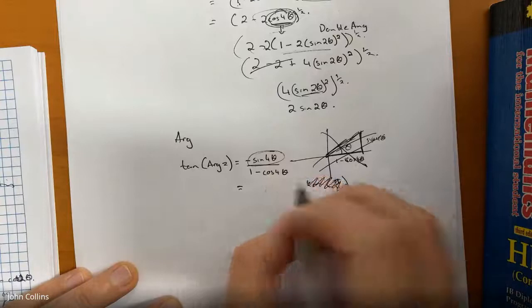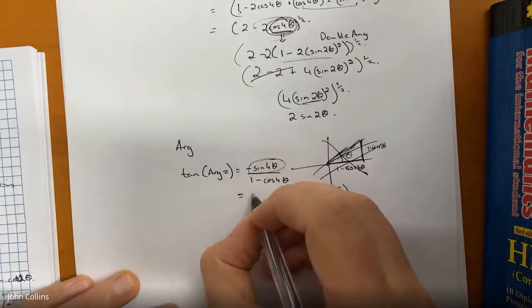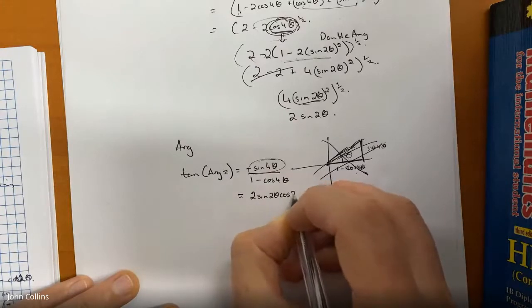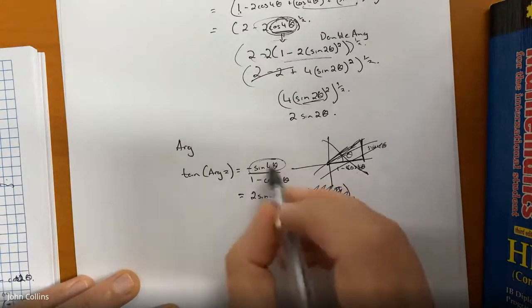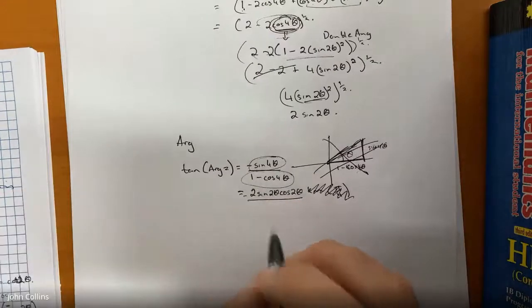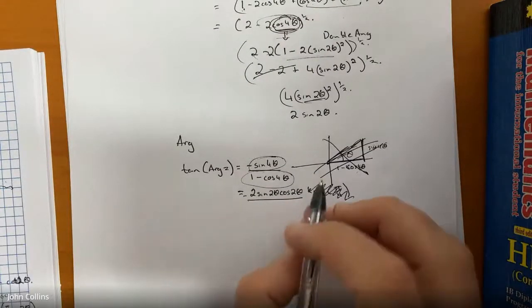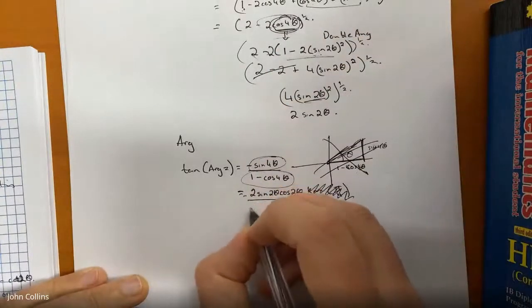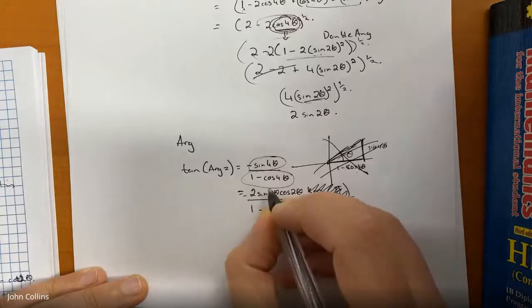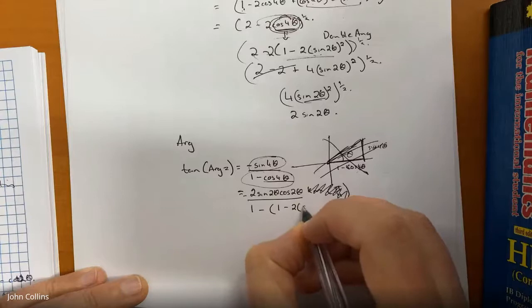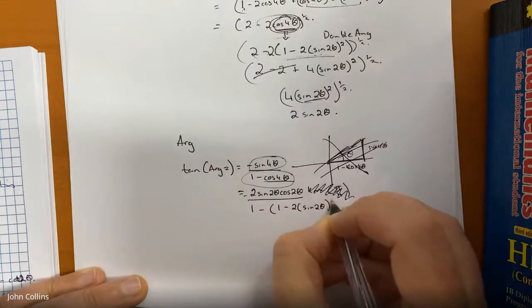So if I do that formula, I can write 2 sine 2 theta cos 2 theta from that one. Minus, right? This one, I do the same double angle I did up here. So I get 1 minus, in brackets, 2 sine 2 theta squared.